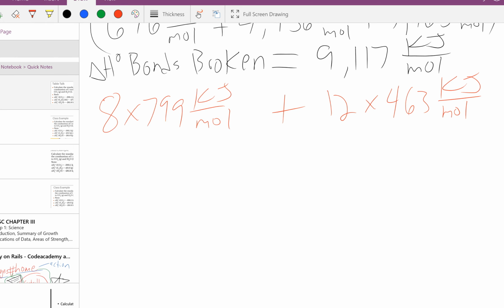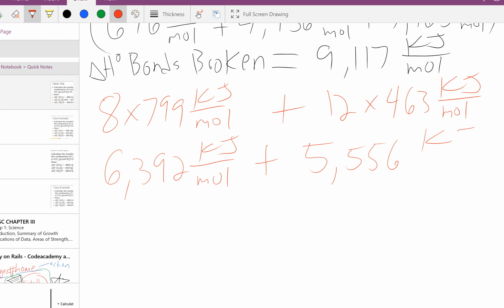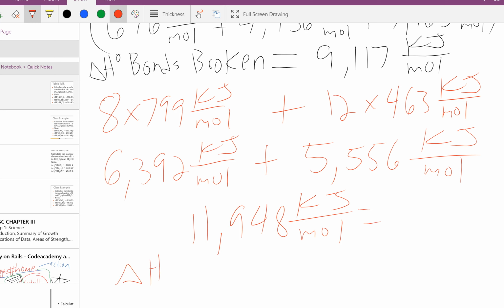Now when I do the math on that, I'm going to get 6,392 kilojoules per mole, plus a total of 5,556 kilojoules per mole, which when I add them together gives me a total of 11,948 kilojoules per mole, which is the delta H of bonds formed.